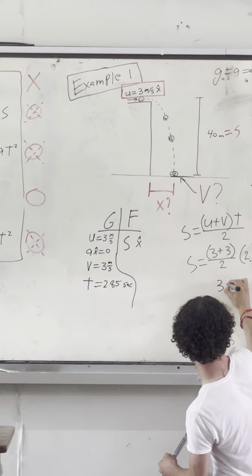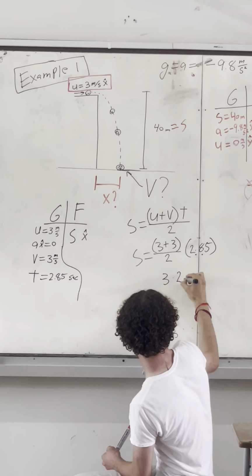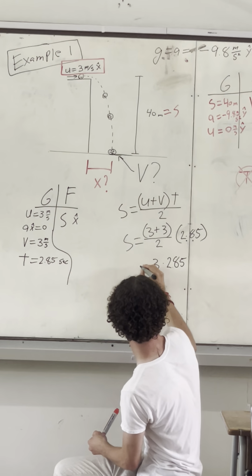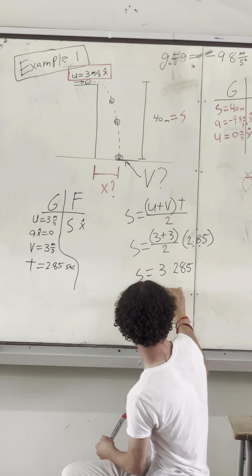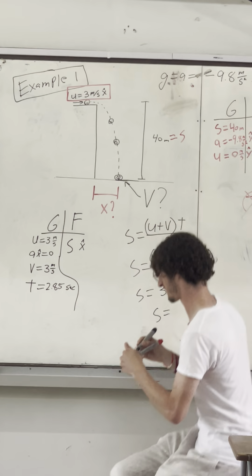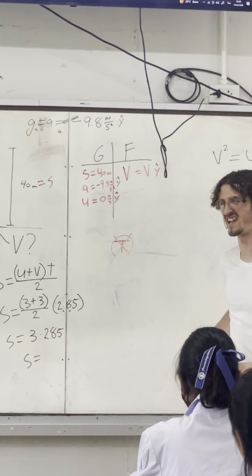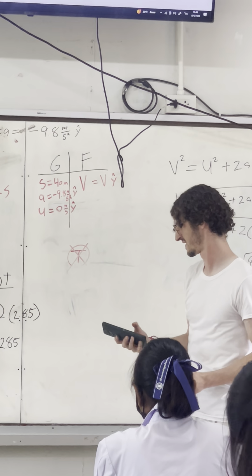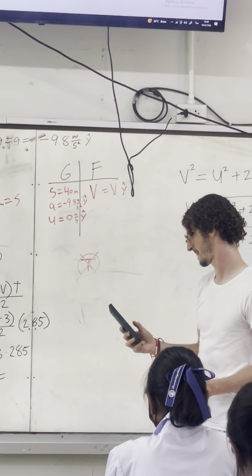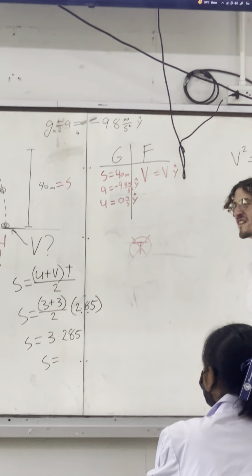This is 3 times 2.85. So we get, it's going to be a little less than 9. It's like 8 point 5.